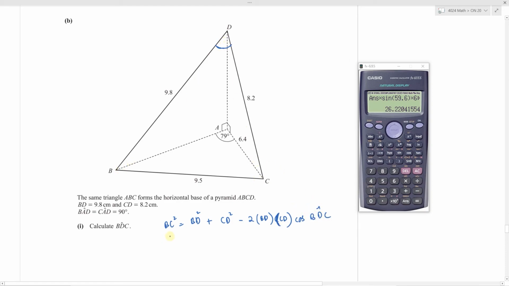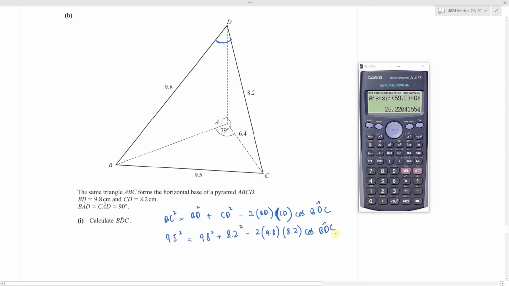So let's substitute the values here. BC is 9.5 square, BD is 9.8, plus CD is 8.2, 8.2 square minus 2 into 9.8 into 8.2 into cos of angle BDC.